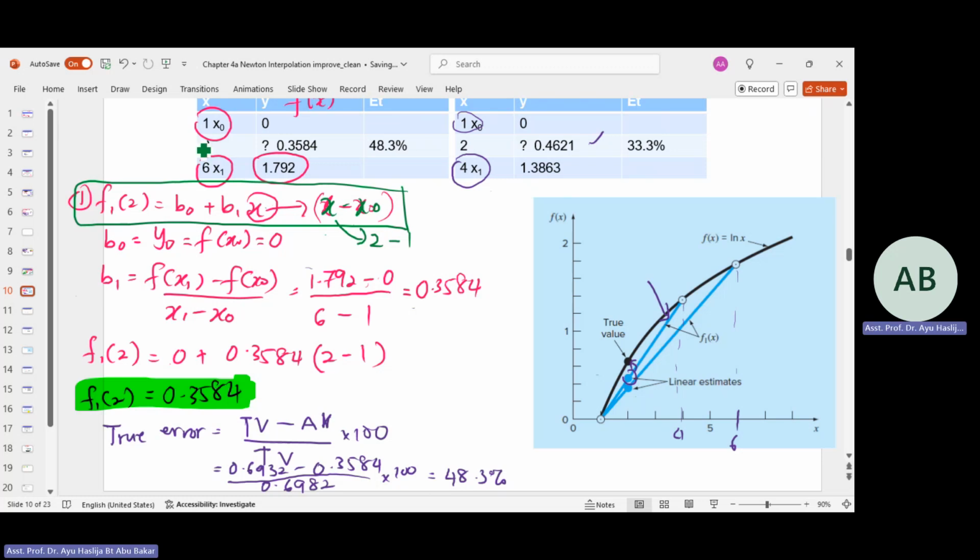Perhaps this part: when you want to find your B1, then 4 minus 1, the distance between 4 and 1. So that's why in this example your B will be different, 0.4621.